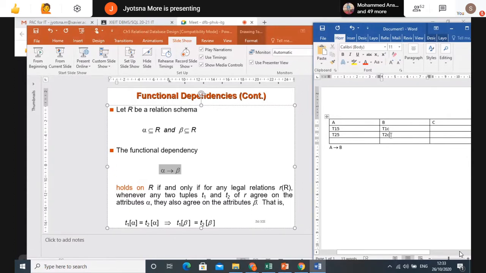If this is satisfied, then you can say A determines B, and the condition has to be true for all the values of A and B. Suppose here you have another value, 6, and I am not having 6 anywhere else, so the rule cannot be applied to B for it. We will see that in the sum part, but right now it is clear with the definition part.